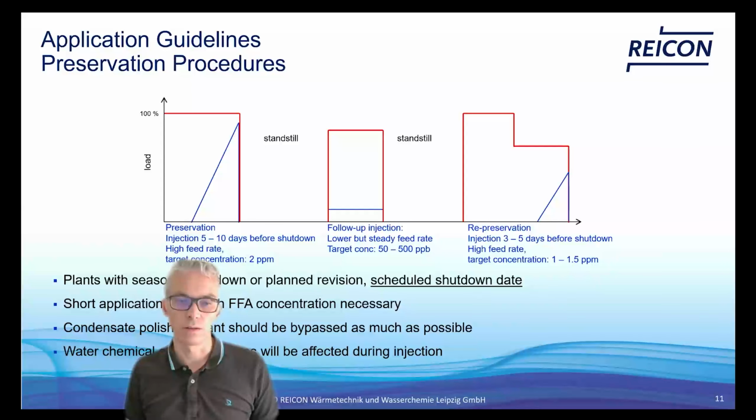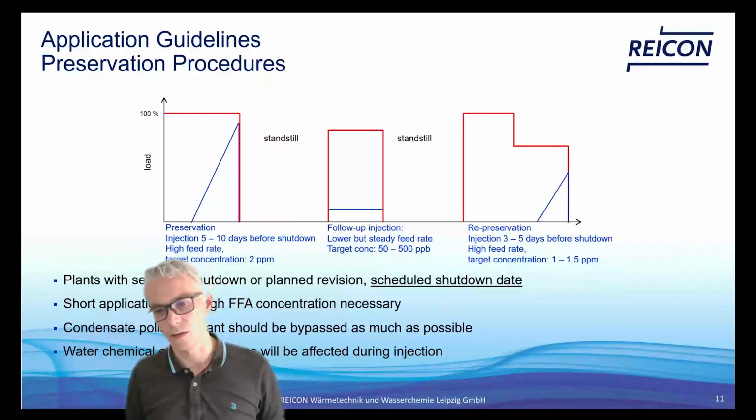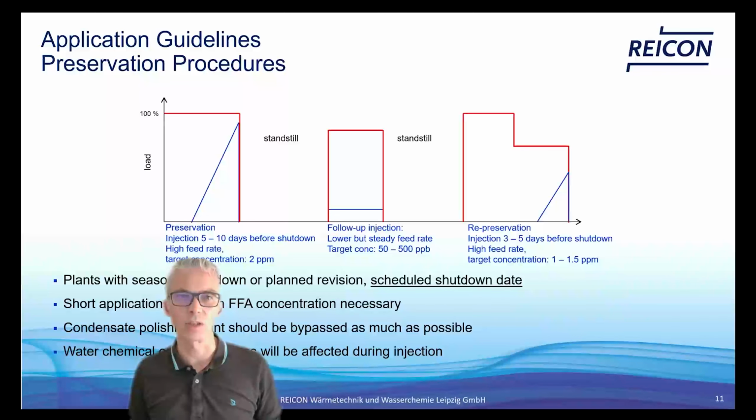And also the water chemical values will be affected during these preservation procedures, because you inject high concentrations in a short period. You need to monitor them, but you need to be aware that especially the conductivity after cation exchange and maybe iron and chlorides will go up due to the mobilization effect of injecting film-forming amines.